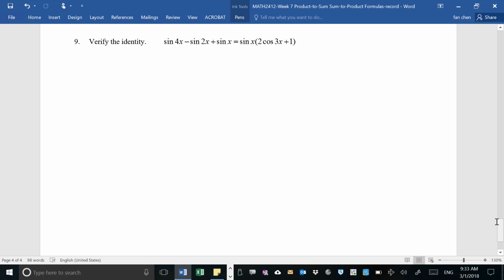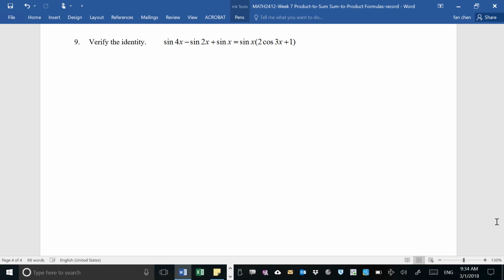All right, let's take a look at our last problem. Sine 4x minus sine 2x plus sine x equals sine x times 2 cosine 3x plus 1, and we are going to verify that. You can do it from left to right, and also from right to left. Okay, so let's see.